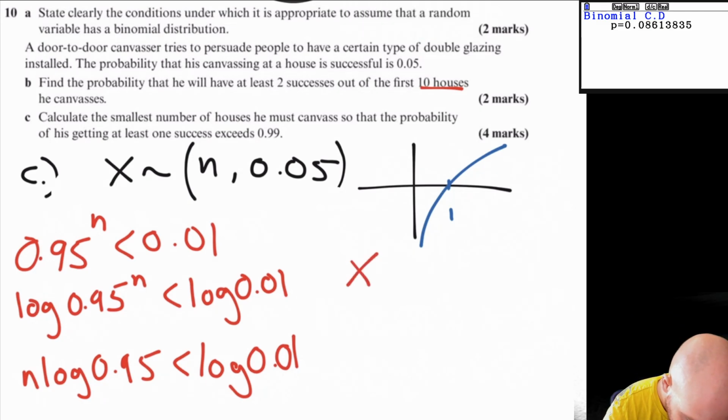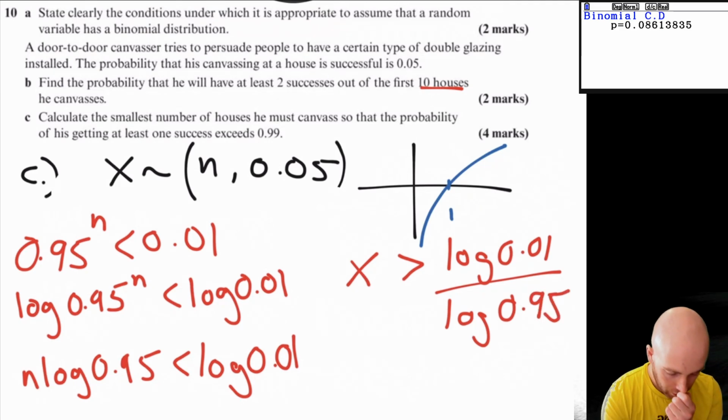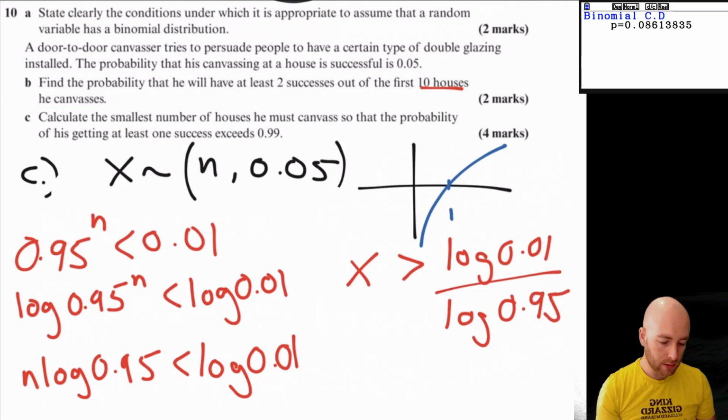So we're going to get n is greater than log 0.01 divided by log 0.95. I can type that into my calculator, so I'm going to use this one. Log 0.01 divided by log 0.95.